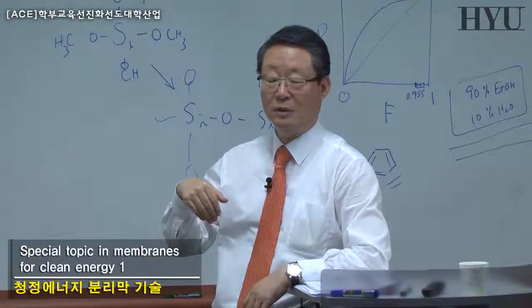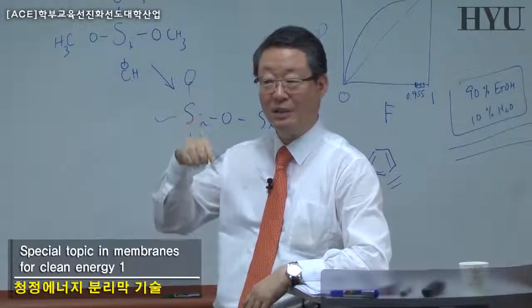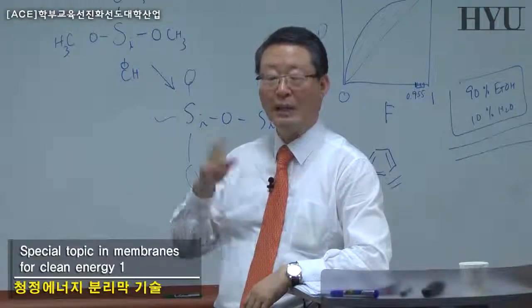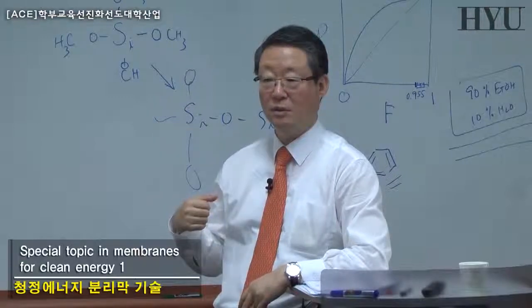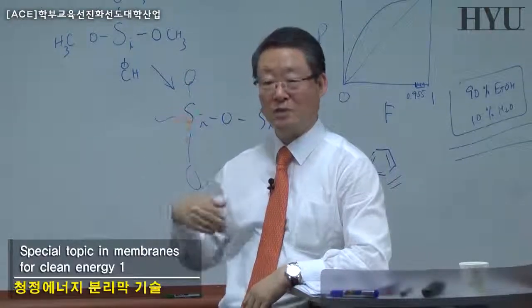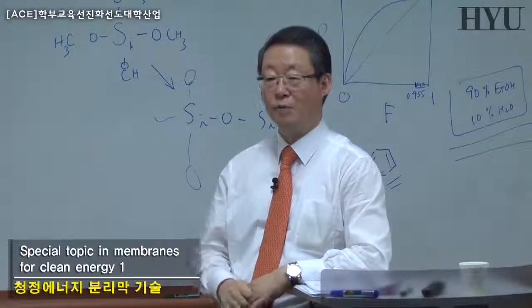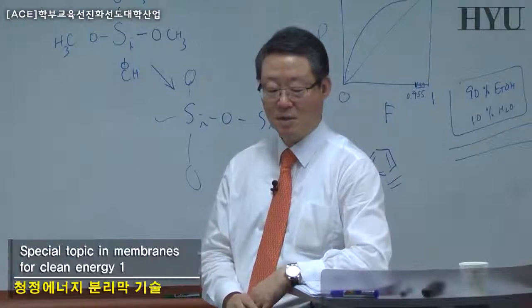And we need two very important parameters. One is the selectivity from the mixture, and the other is the rate of permeation. How fast you can remove your component from the mixture is regarded as a very important parameter as well.